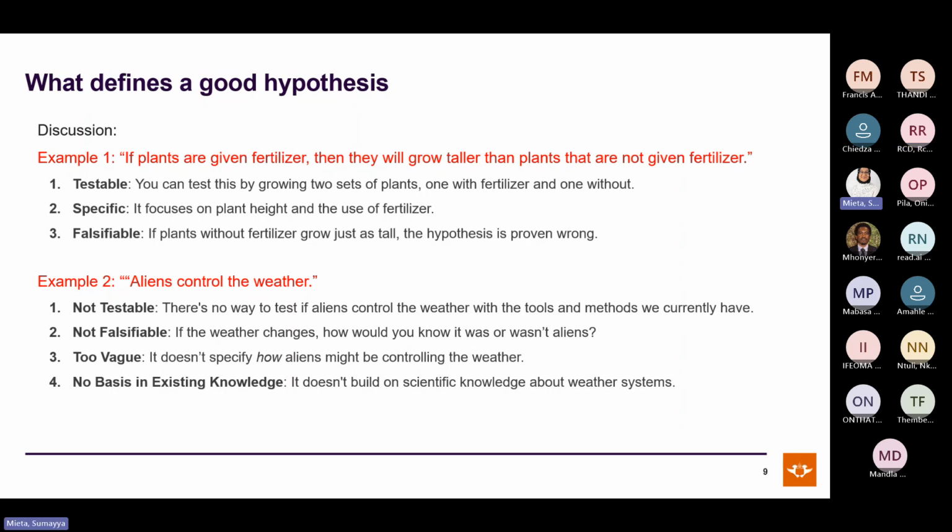The hypothesis is basically a statement saying that if we do this, we expect this to happen. But it does not say that if we provide these conditions, this will happen, because it could be that we don't get those results.